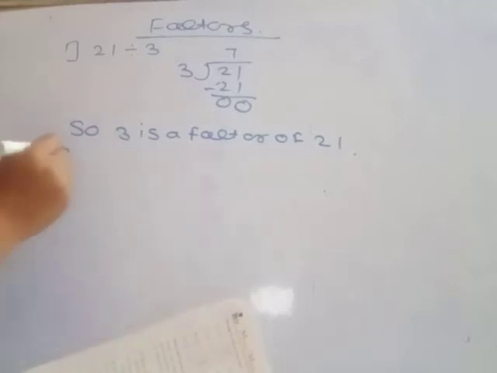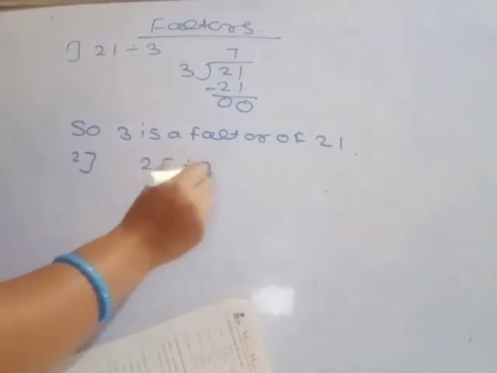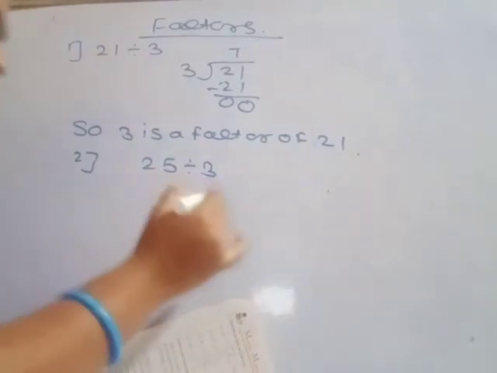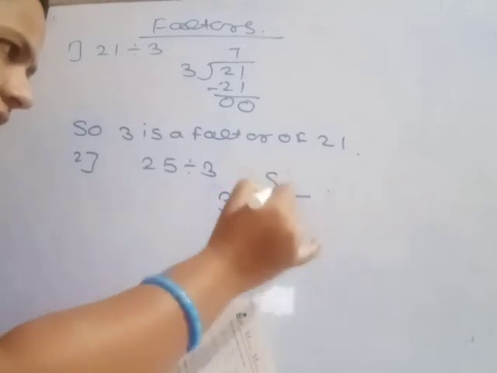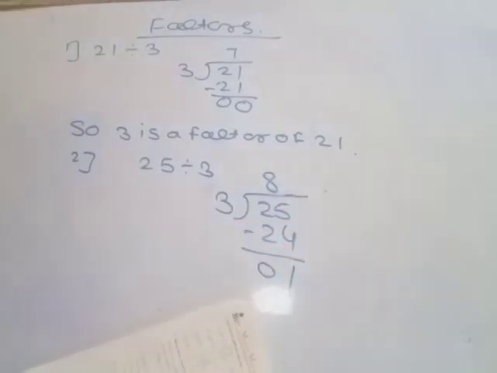Again one example, see. 25 divided by 3. Then 3 eights are 24. Here the remainder is 1.